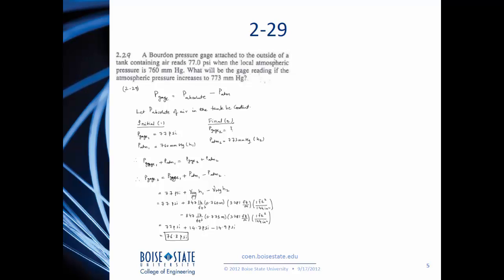And the reason you have to do gamma H is it is given as height of the mercury, so you need to multiply that with gamma, which is the specific weight of mercury, to determine the final gauge pressure, which is 76.8 pounds per square inch.